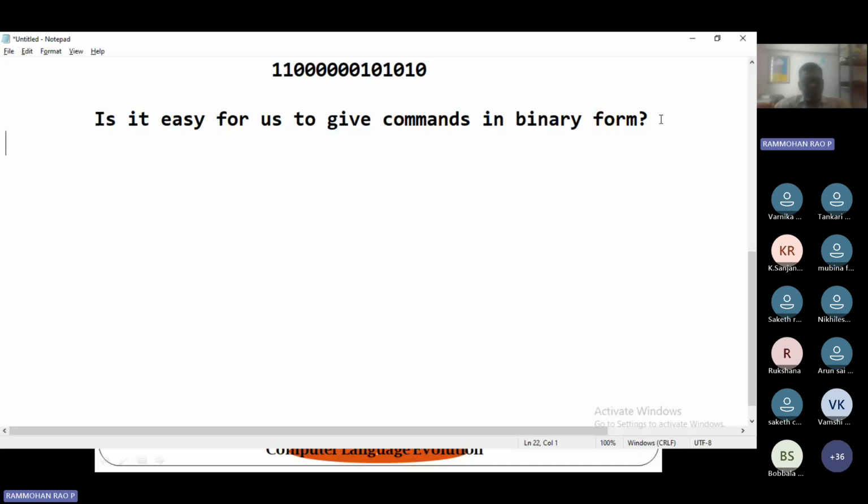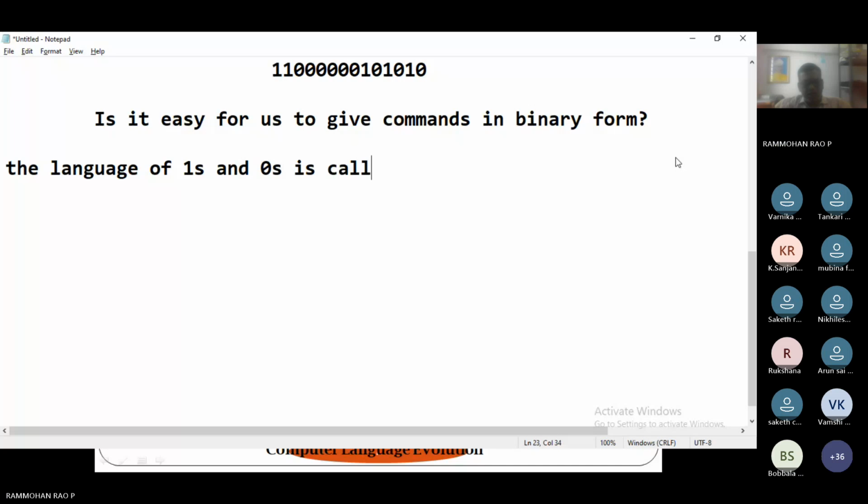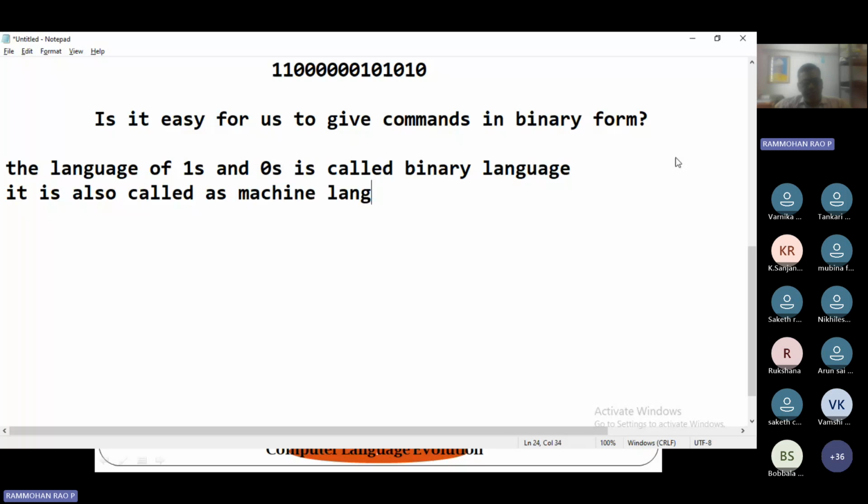That is the reason. The language of ones and zeros is called binary language. It is also called machine language because the machine understands it.